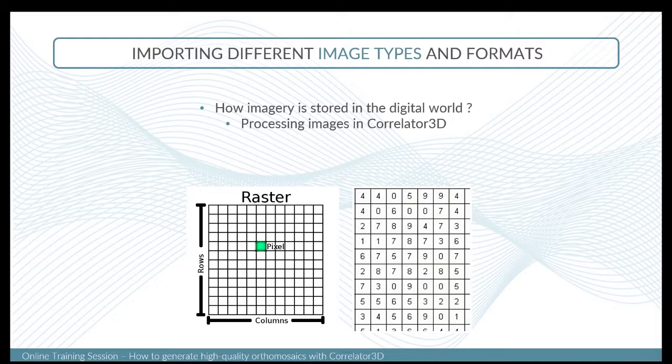And these different bands will be displayed through your monitor screen on the same red, green, and blue channels. And that's how you're going to see the image in color on your screen.